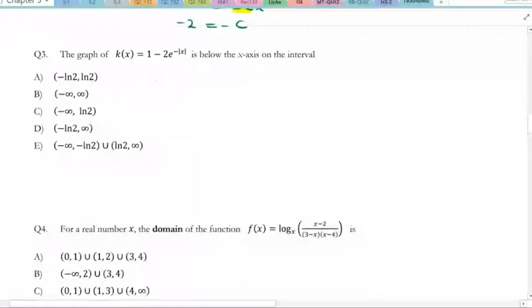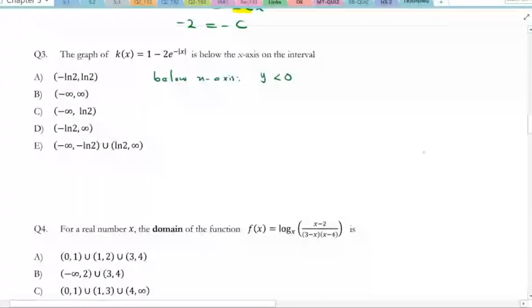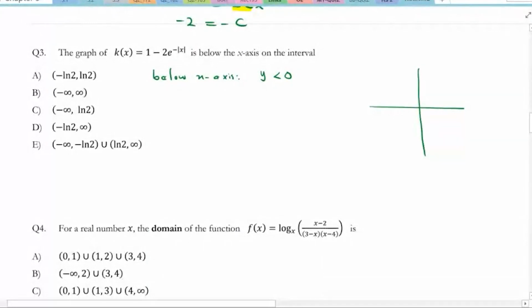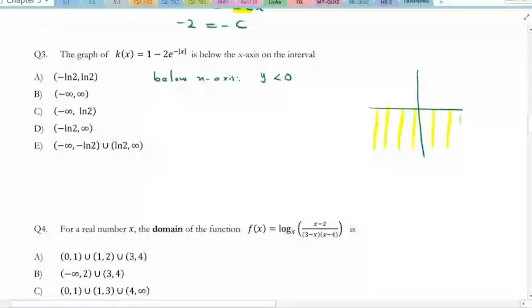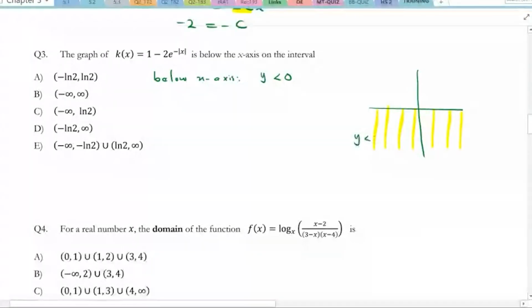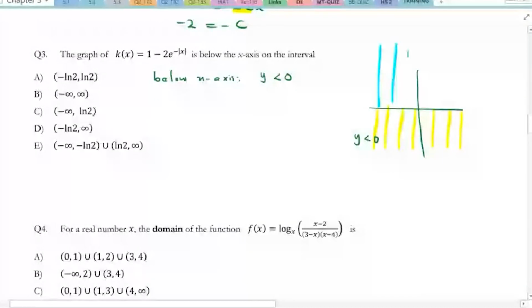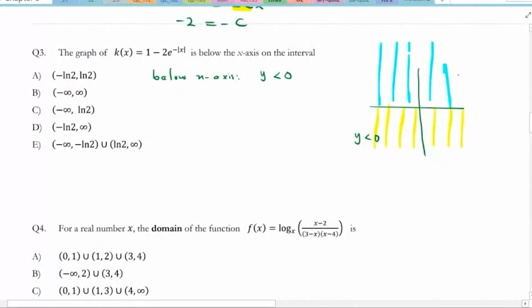When we say below the x-axis, what does that mean? That means the value of y is going to be less than 0, right? When you have a 2-dimensional coordinate system, below the x-axis is when y is less than 0, and above the x-axis means y is greater than 0.